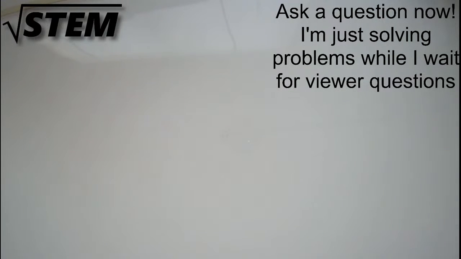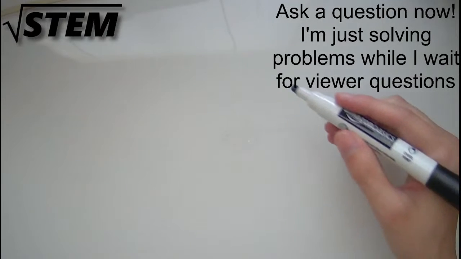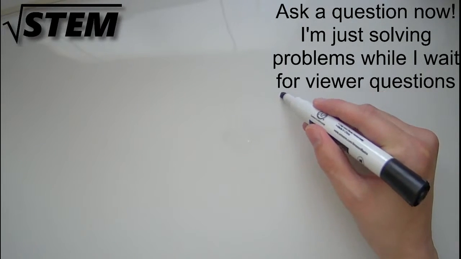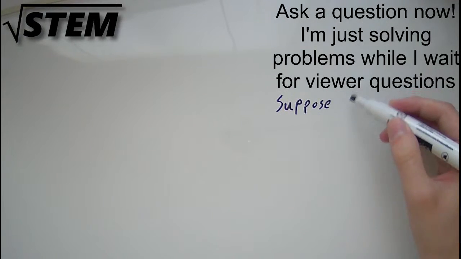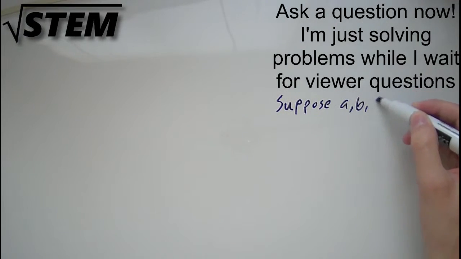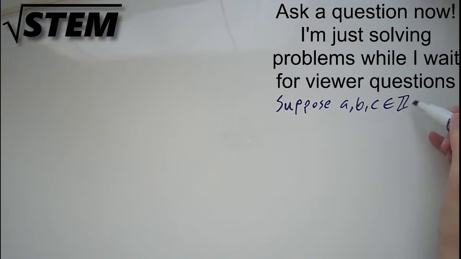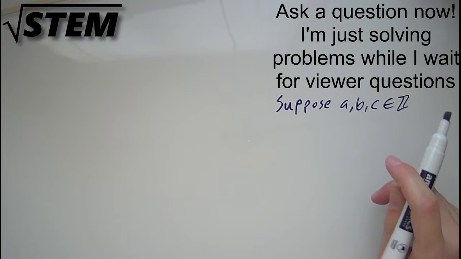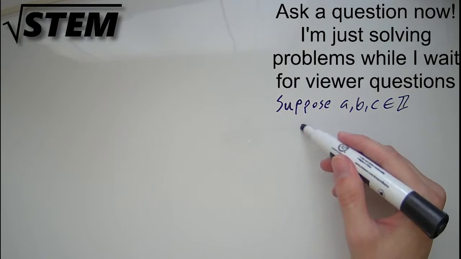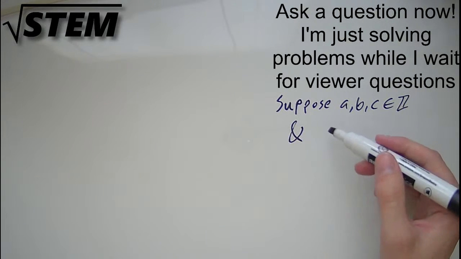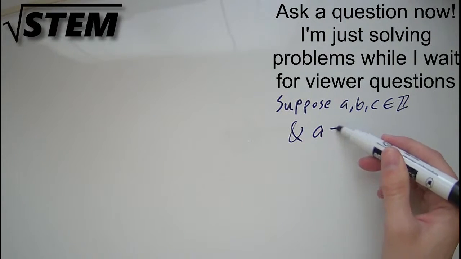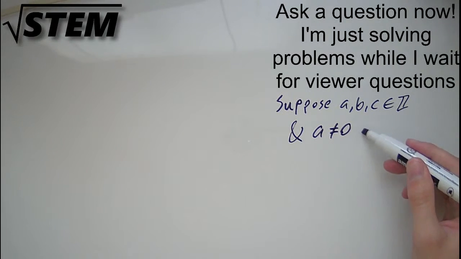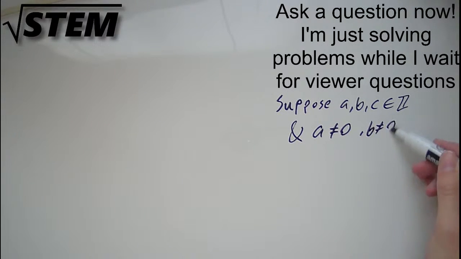So let's suppose that A, B, and C are integers. And also A does not equal 0 and B does not equal 0.